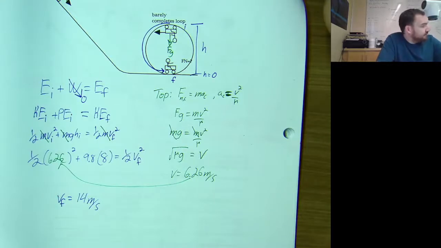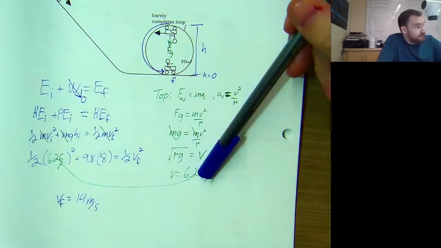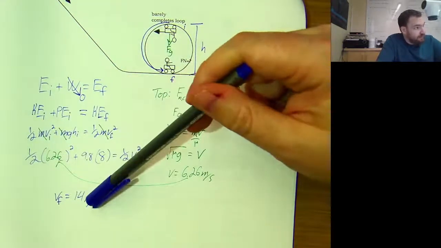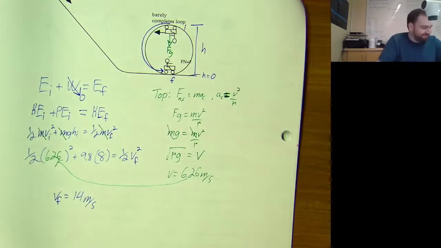It is. 13.9999? Yeah, we like that. Exact answer for initial velocity. Oh, you didn't round this? No, I didn't round it at all, but I got exactly 14. No decimals. If we use the unrounded, that's awesome. Love that. Okay, so that'll give us the final velocity. That's the velocity at the bottom.